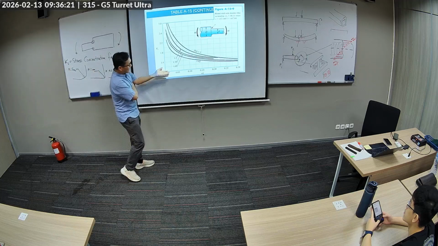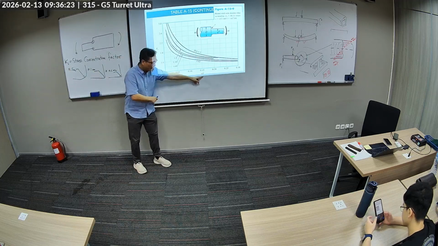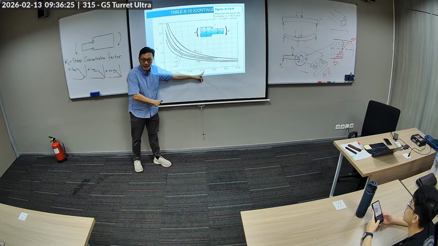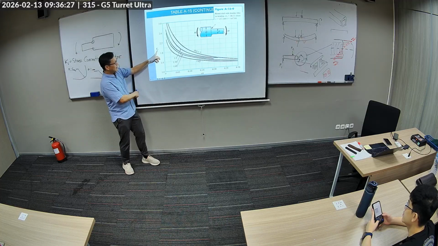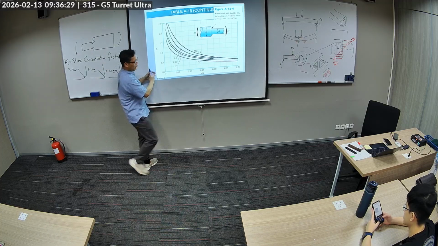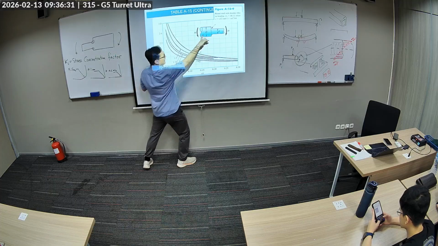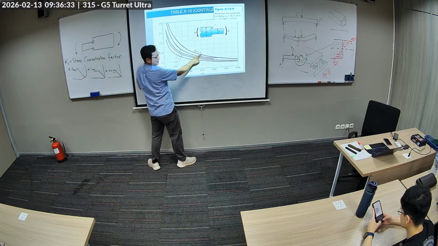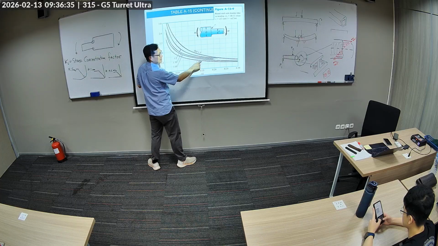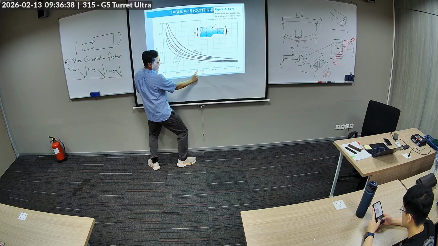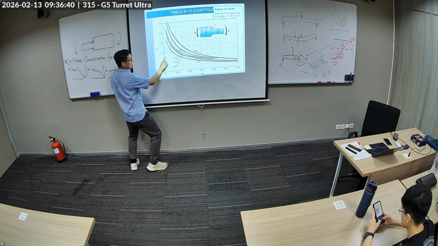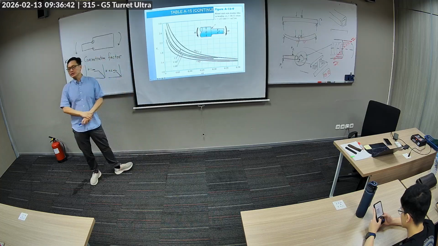So this chart is basically what we will use. This is radius divided by diameter, and this is the KT. And this is my diameter difference, D over d. This is the radius divided by the small diameter. Okay, 0.15, it's 1.6.